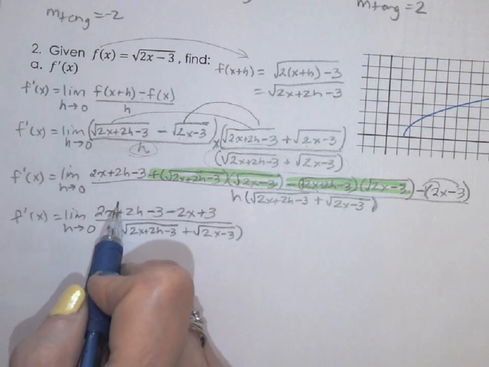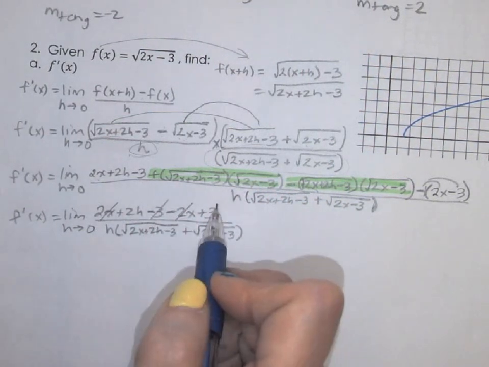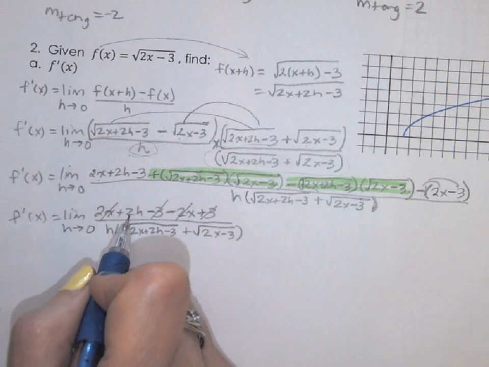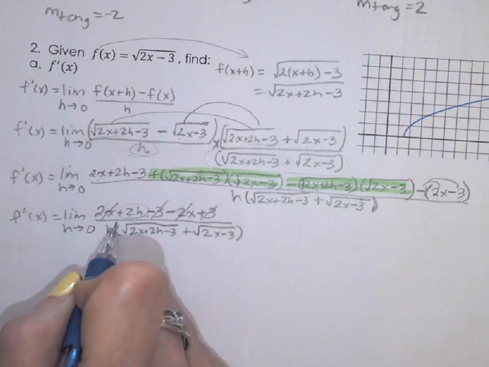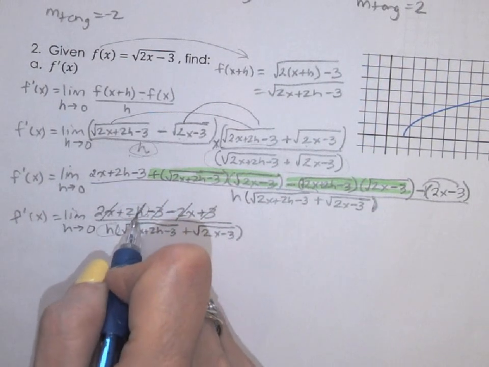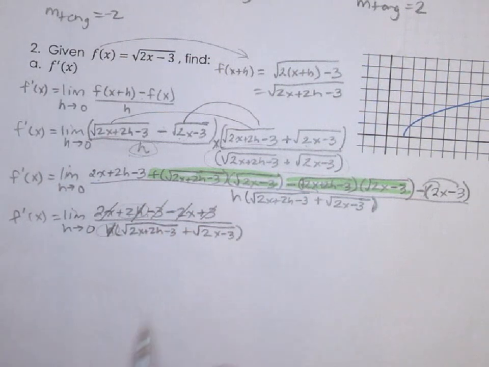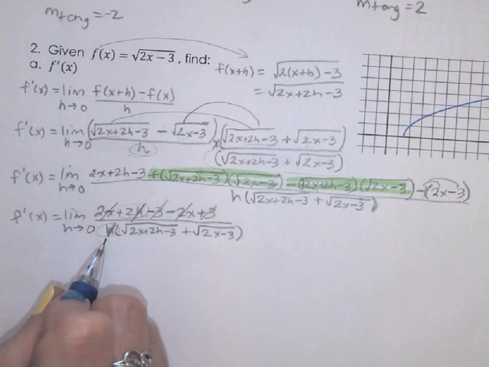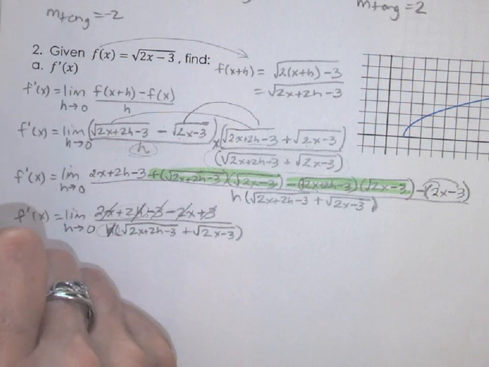And now we can see 2x minus 2x, -3 plus 3, add to 0, and we're just left with 2h in the numerator, h in the denominator. We can divide out the h's. So now that problematic h is gone, it's safe to let h approach 0.